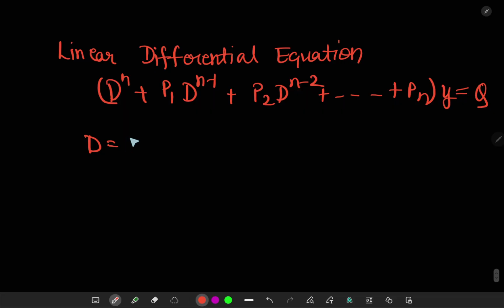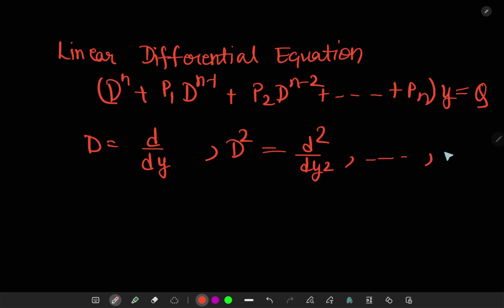Here D is equal to d over dx and D square is equal to d2 by dx square, and so on, etc.